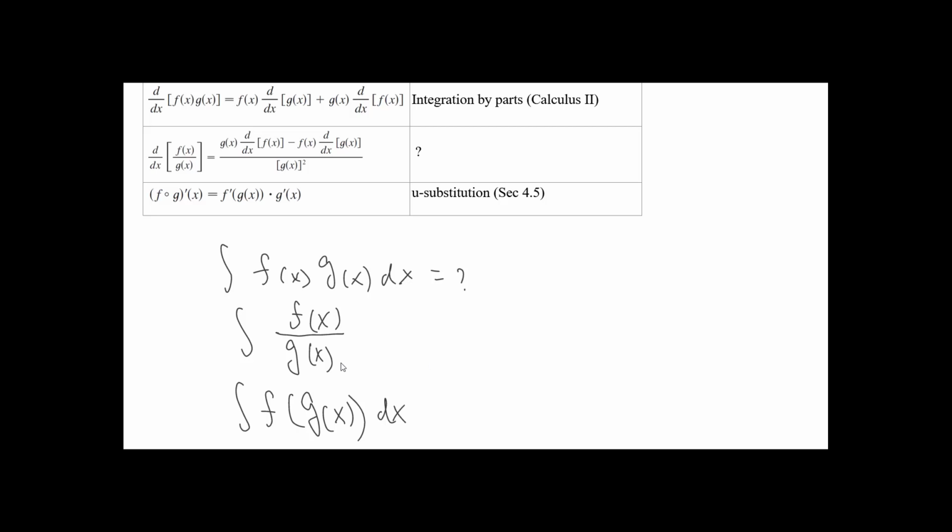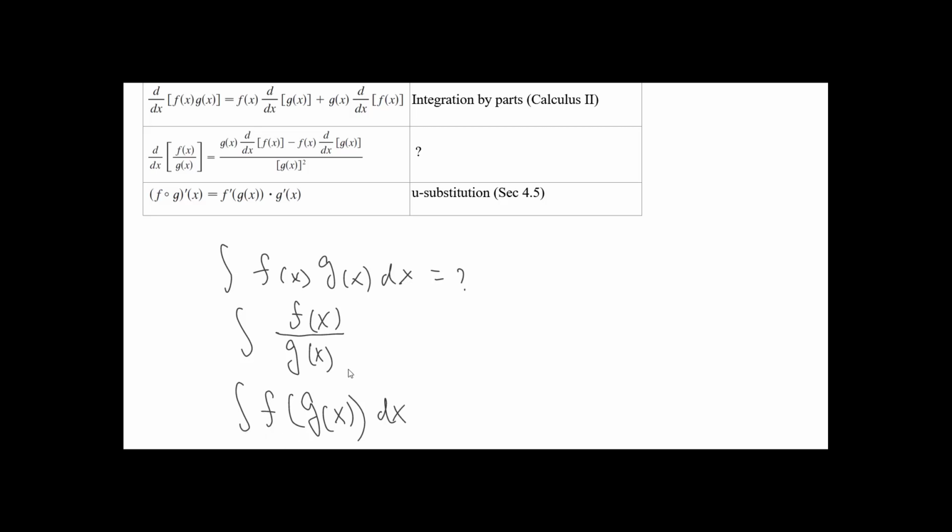One more comment. You might wonder, given there is a product rule, a quotient rule, and a chain rule, can you just simply take f times g and determine what the integration is? Can you take f(x) over g(x) and then work out the indefinite integration? Or if you take a composition of 2 functions, can you find the indefinite integral?